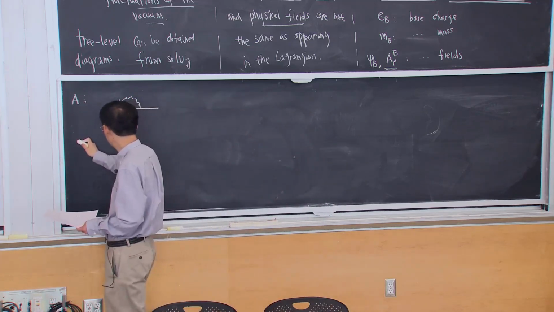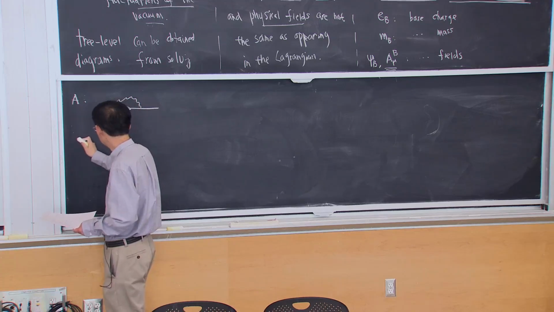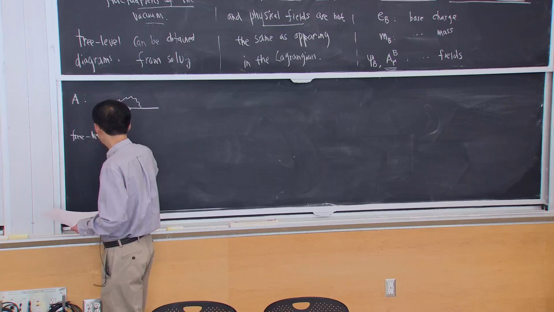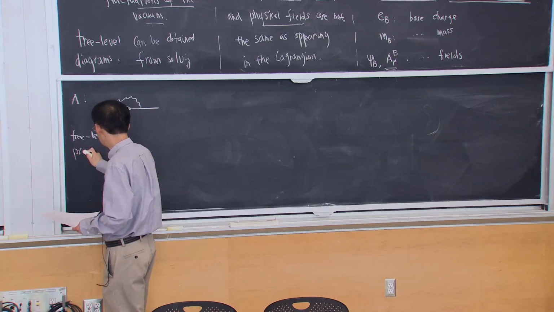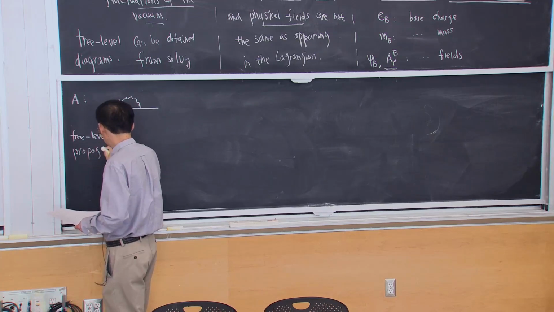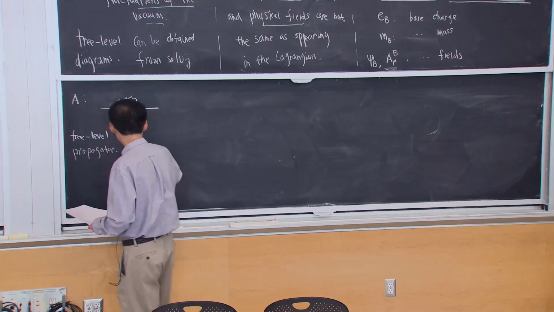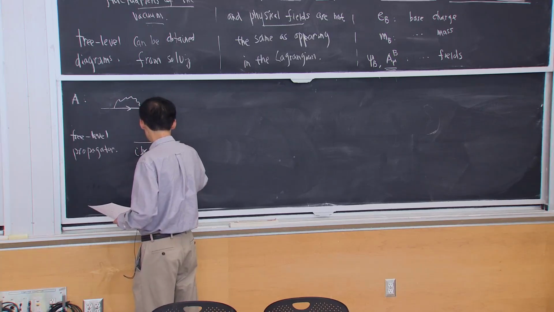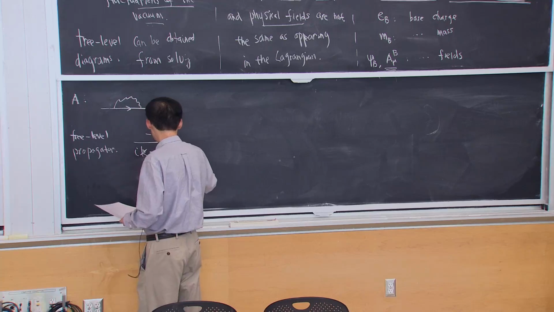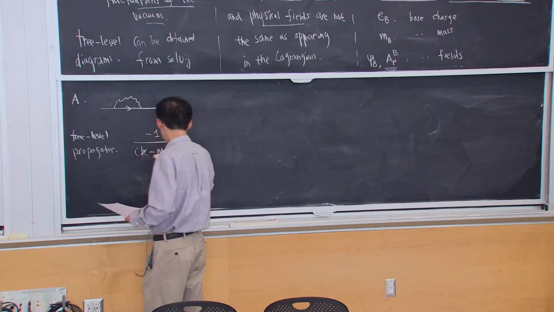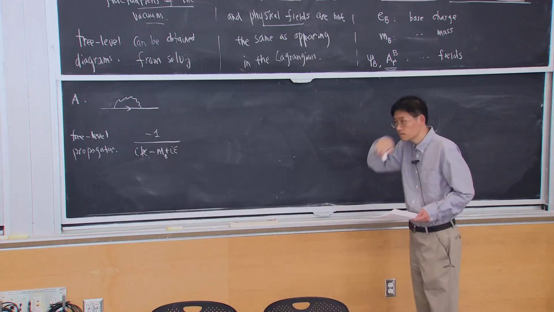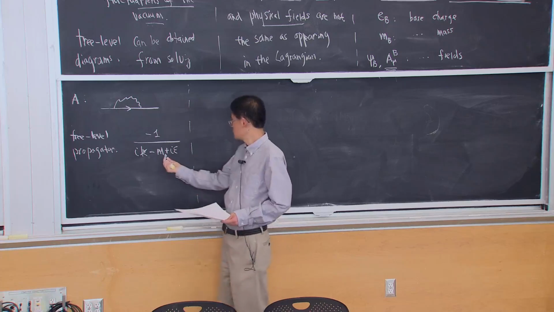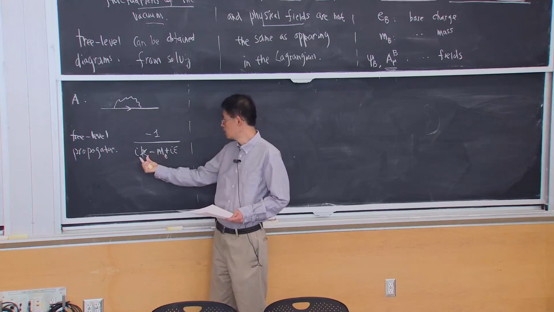Let's first write down the tree level propagator. This is given by -1 over (i k slash minus m_B plus epsilon). You can interpret the mass of the electron as the pole of this propagator.